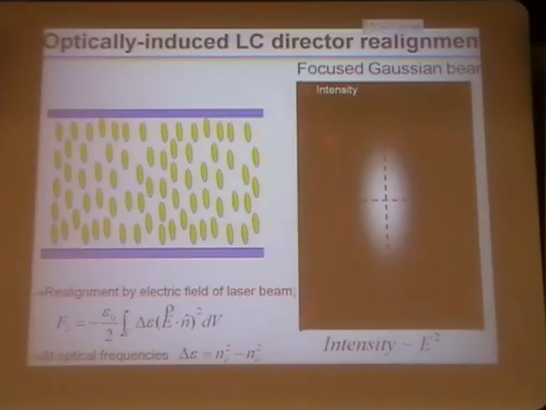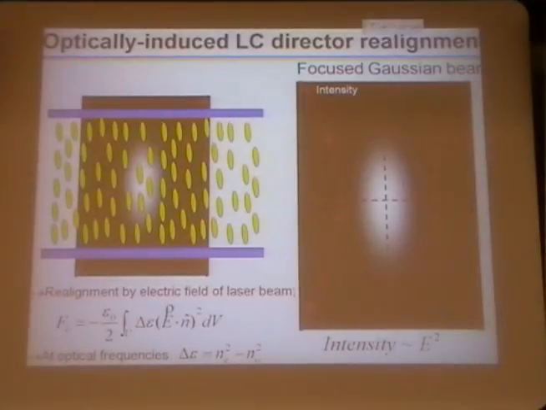And the intensity is proportional to the square of that. We again will need to minimize a similar type of term in the free energy. And the difference is, however, that the dielectric anisotropy is that at optical frequencies, and therefore it can be expressed in this way in terms of the extraordinary and ordinary refractive indices.